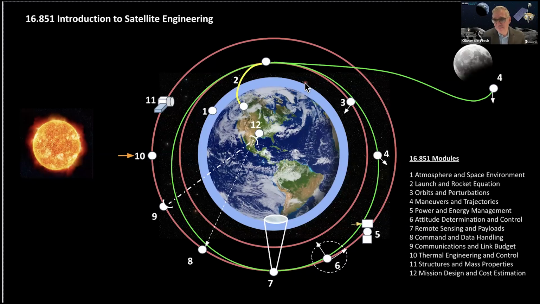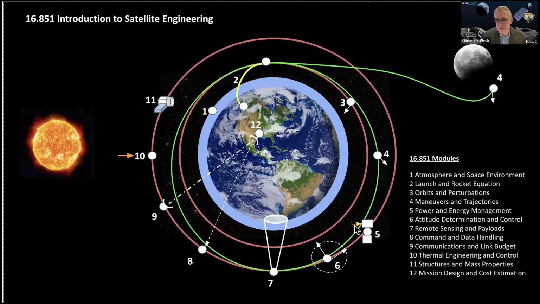You have to learn about Earth's atmosphere. To get to space, you have to go through Earth's atmosphere into the space environment, then launch and the rocket equation. Then we are now in orbit. So now we can learn about orbits and perturbations like drag, solar radiation pressure, J2, which is due to the oblateness of the Earth, and so forth.